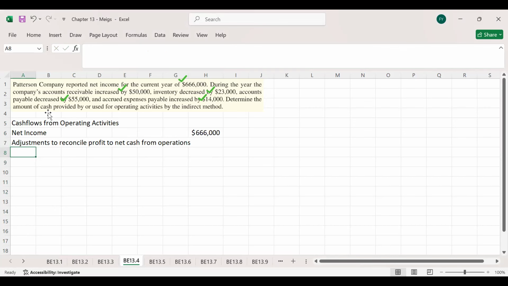There isn't any depreciation here, so only the changes in working capital are given.